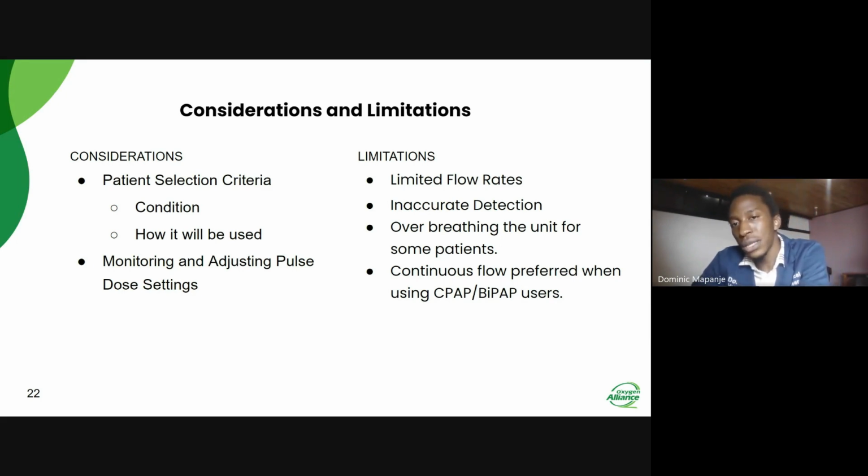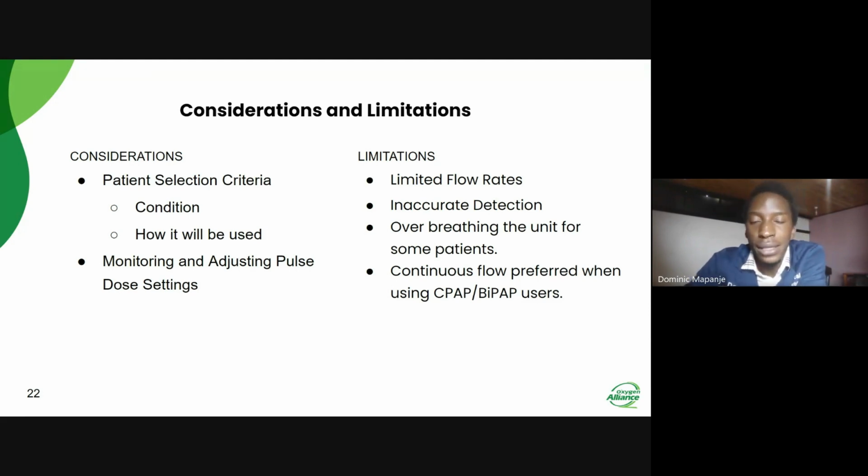These pulse-dose machines cannot be used with BiPAP or CPAP. You have to consider that when you are going to use the BiPAP or the CPAP machines; you have to use the continuous flow. So in this case, you are not going to use the pulse-dose.